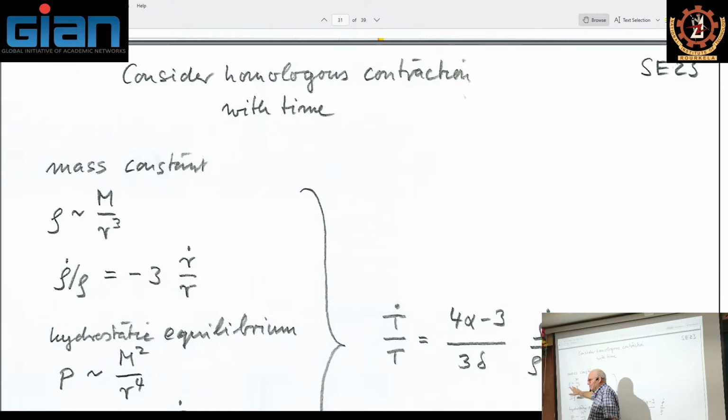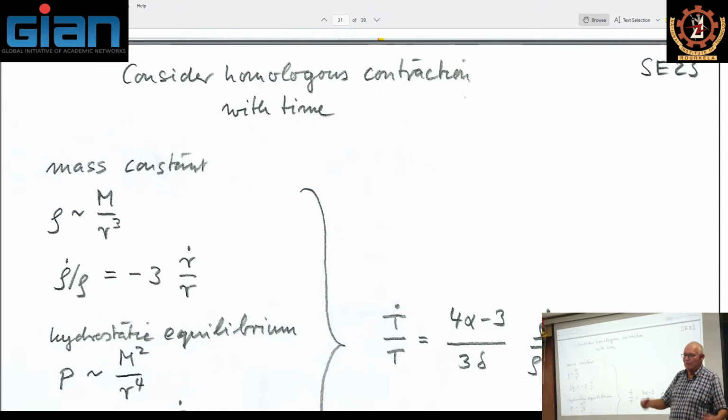Well, we take an estimate of the density in the usual way. Density is mass over volume. The volume is proportional to r cubed for our star, so the density goes with mass over r cubed. If we differentiate this relation with time, and the time we have in mind is not the dynamical timescale, it's not the thermal timescale, it is the timescale of evolution, the timescale of contraction of the star. So the density changes by the change of radius.